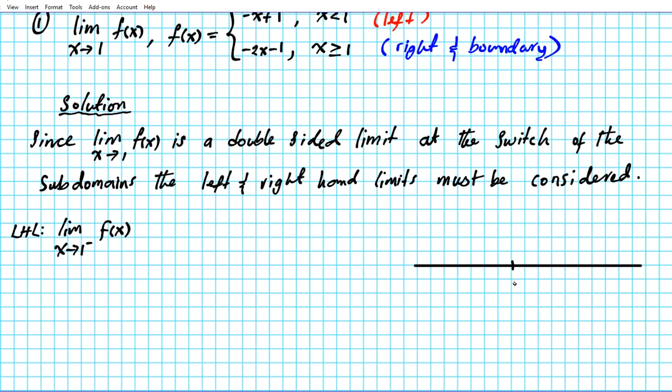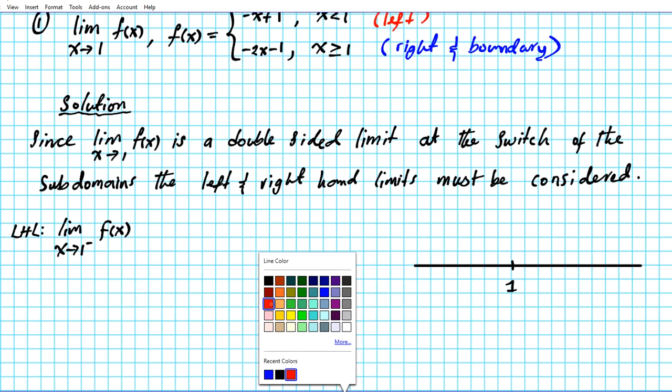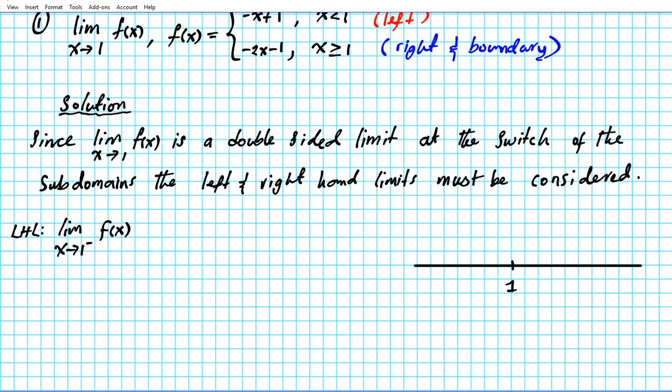x equals 1. Alright, so when you're to the left of x, so everything that's less than 1, the function that's active is negative x plus 1. In the subdomain negative infinity to 1, negative x plus 1 is active.